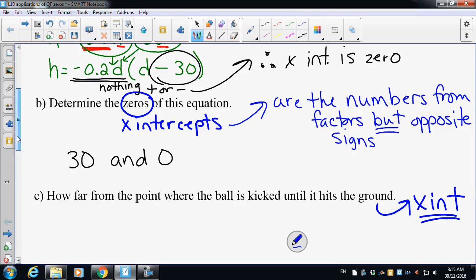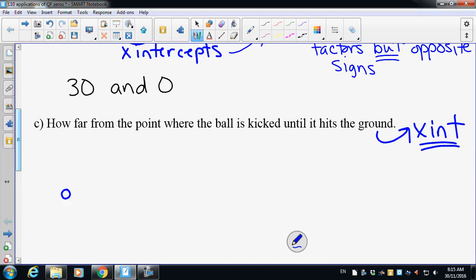Because if you think of what's going on here, we've got the ball on the ground, it's going to get kicked, it's going to fly through the air, and then it's going to land on the ground. And if you think of a graph, the ground would be your x-axis. So the point where the ball started and the point where the ball hit the ground again would be your x-intercepts. So anytime a question asks how far until it hits the ground, or how long until it hits the ground, you're talking about x-intercepts.